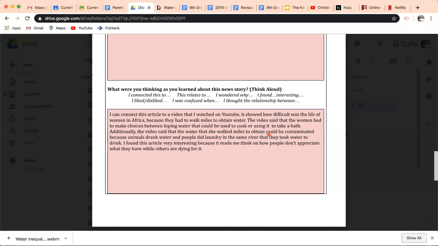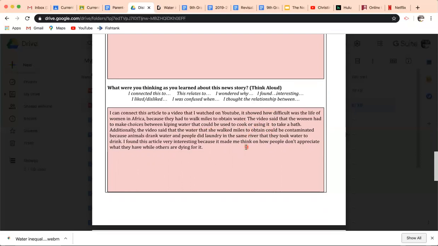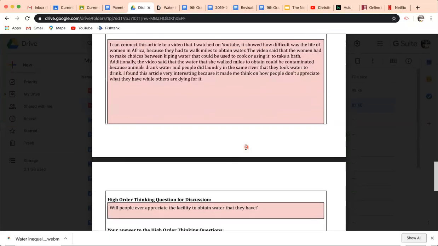So see how your background information can help be your connection. You can use it in 2 ways, double the ways, as long as you are making it very clear and well developed. One sentence is not going to be enough to get a great grade, okay?